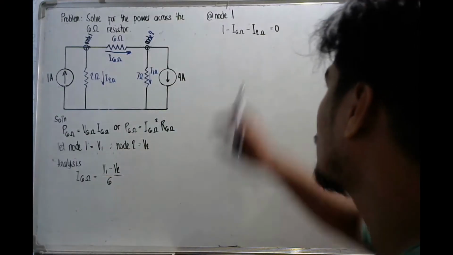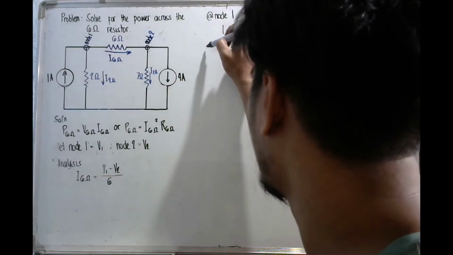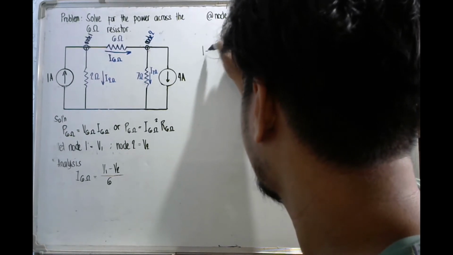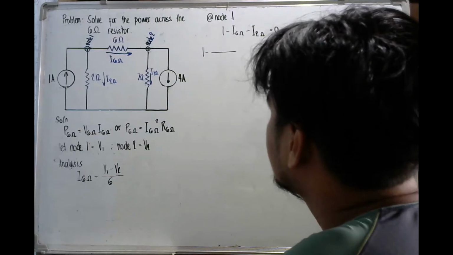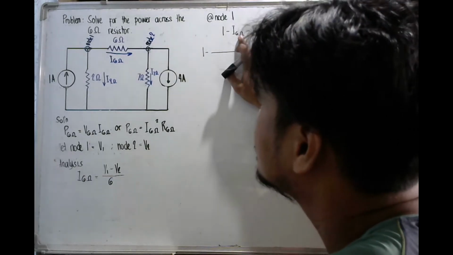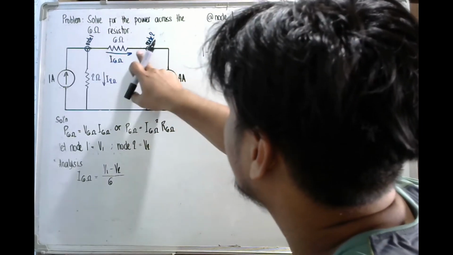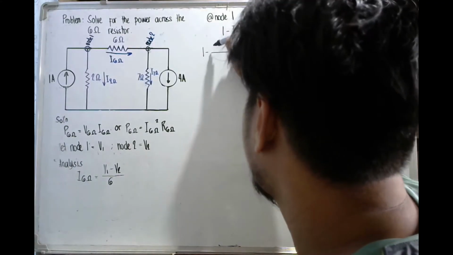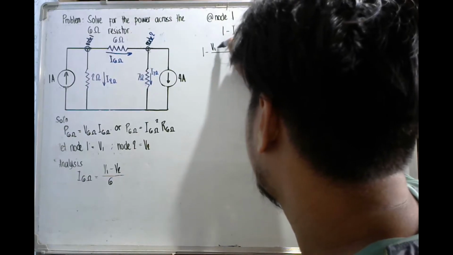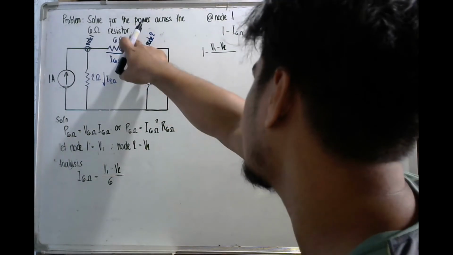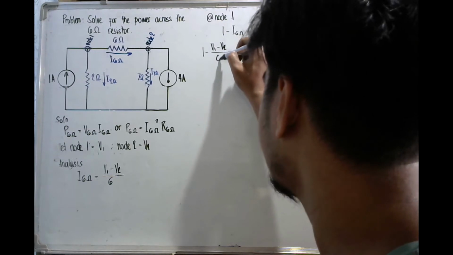Substituting its nodal current equivalent, you have 1 minus I6. You have tails minus heads, so V1 minus V2 divided by the resistance value, so divided by 6.